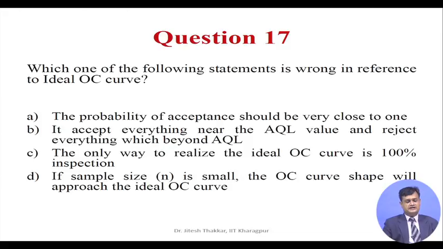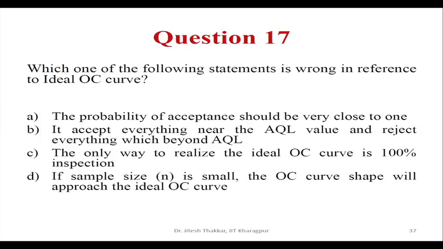Question 17. Which one of the following statements is wrong in reference to ideal OC curve? You have 4 options. A, the probability of acceptance should be very close to 1. B, it accepts everything near the AQL value and rejects everything beyond AQL. C, the only way to realize the ideal OC curve is 100% inspection.